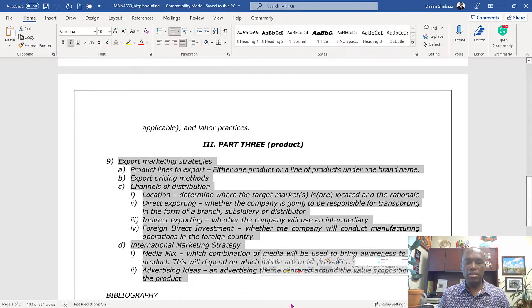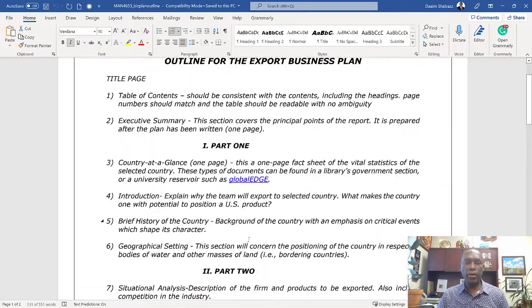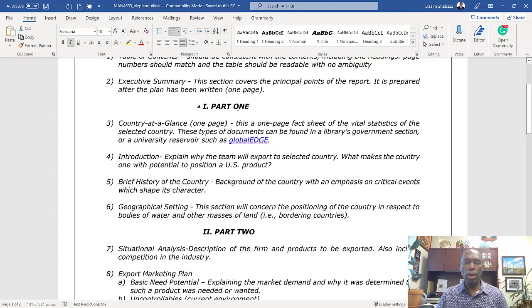This represents the marketing mix. As you can see, product lines or product to export, pricing methods, channels of distribution, which is place, and marketing strategy, which is promotion. So this is part 3. What you're doing now is focusing on parts 1 and 2, and that will get you going.